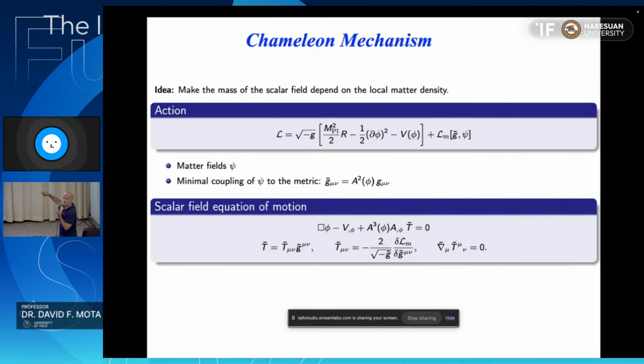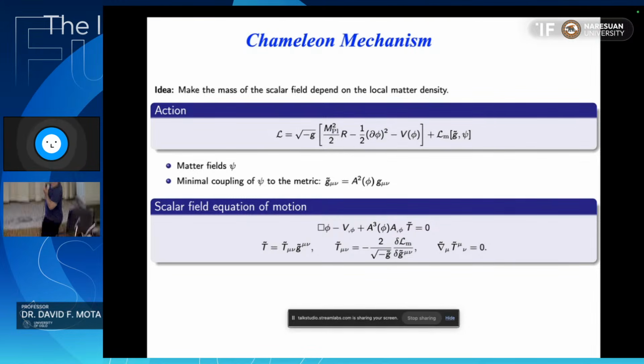But why is T not zero? The trace is not zero. Well, it's zero for radiation, for relativistic particles, but here I'm assuming dark matter and baryons, so the trace of the energy momentum tensor is in fact the energy density.